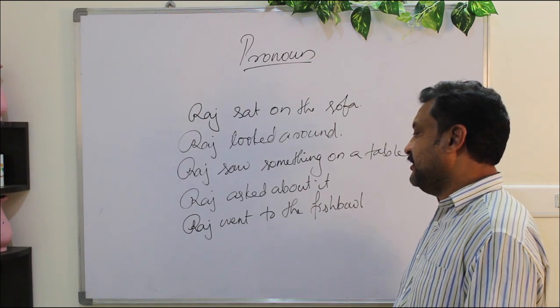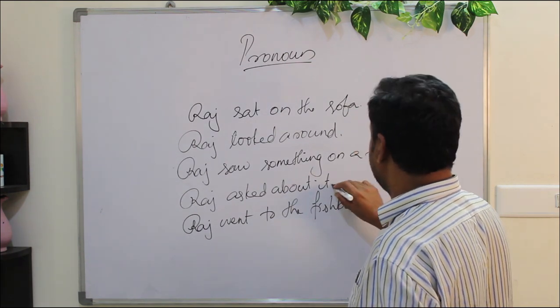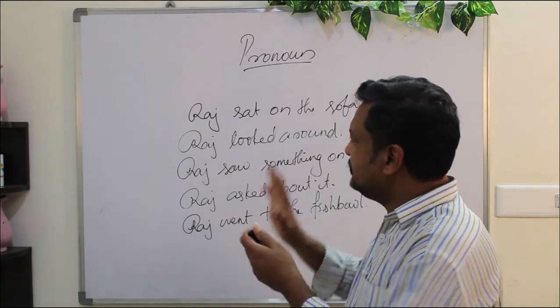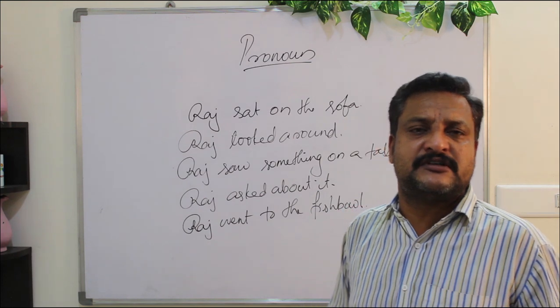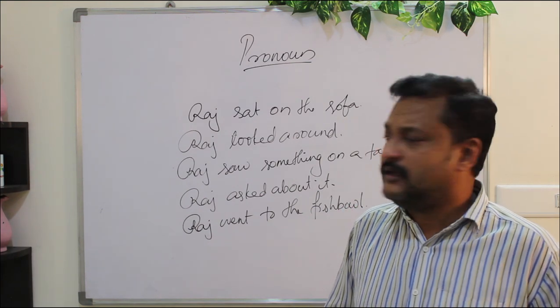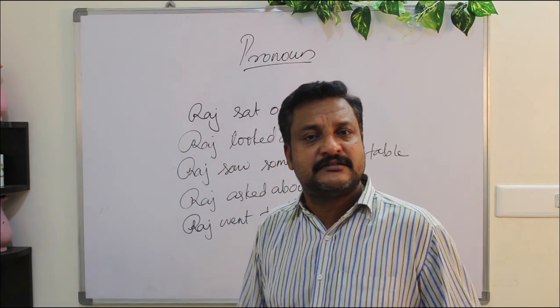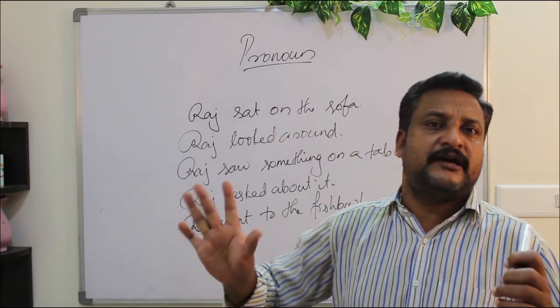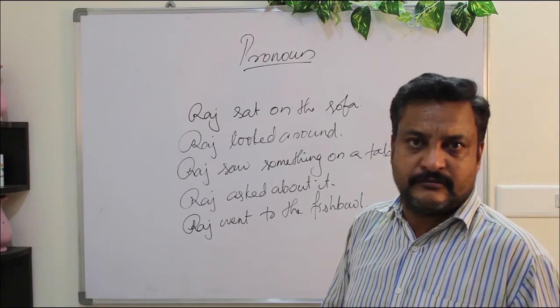Raj asked about it. Raj went to the fish bowl. So in every sentence, it's saying something about the person called Raj. Raj has done something. Okay?